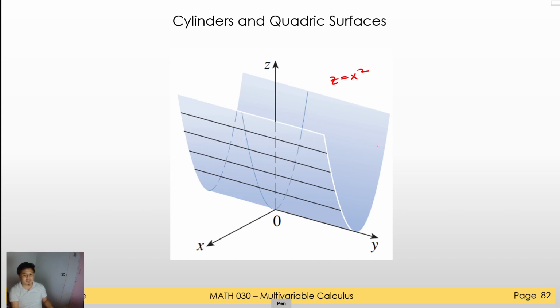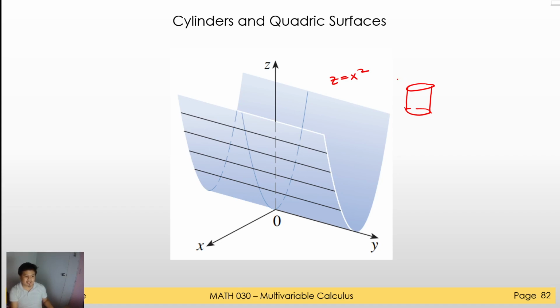A cylinder surface is not limited to the cylinders that we are familiar with, like a tin can or a drum. A cylinder is a much more general concept in multivariable calculus.